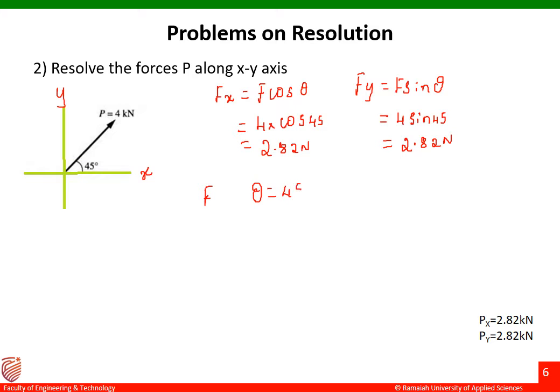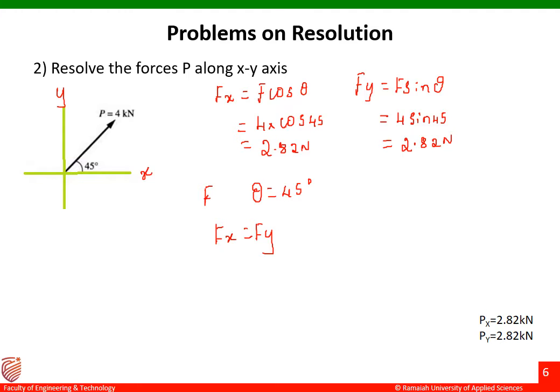That is, if theta is 45 degrees, then Fx equal to Fy. You can observe the same condition here.